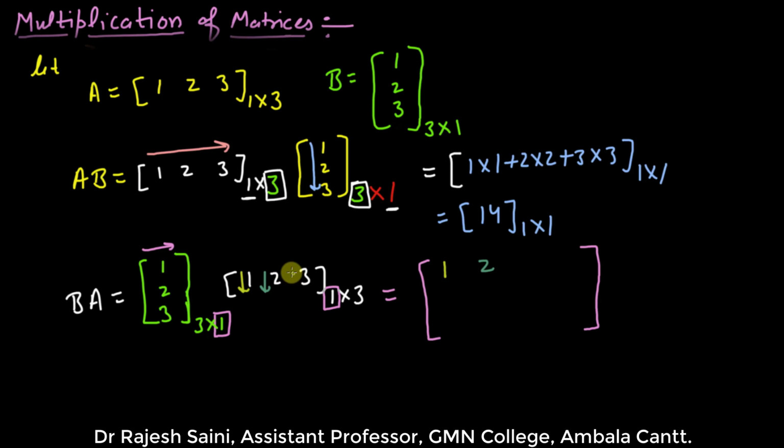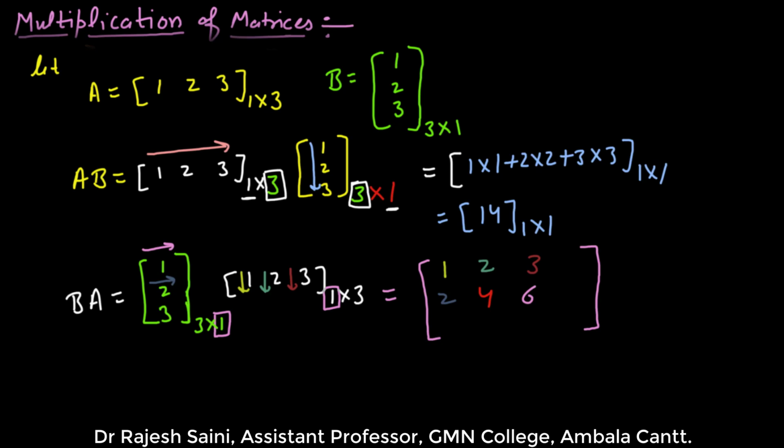First row, third column: 1 into 3 is 3. Now the first row is over. Now we look at the second row, first column: 2 into 1 is 2. Second row and second column: 2 into 2 is 4. Second row, third column: 2 into 3 is 6.